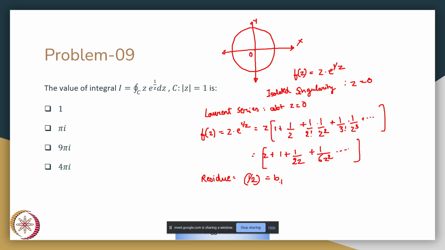And therefore the integral over the curve C of f(z) dz, since it's an isolated singularity, is 2 pi i into b1, which is pi i. So we end up with option B.